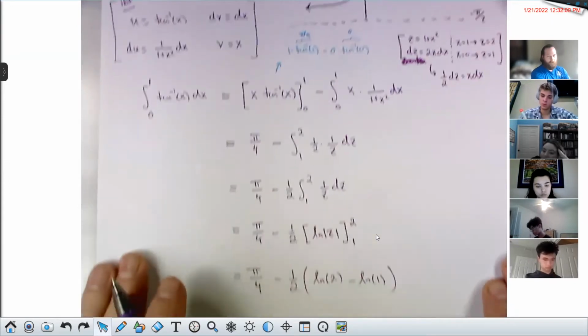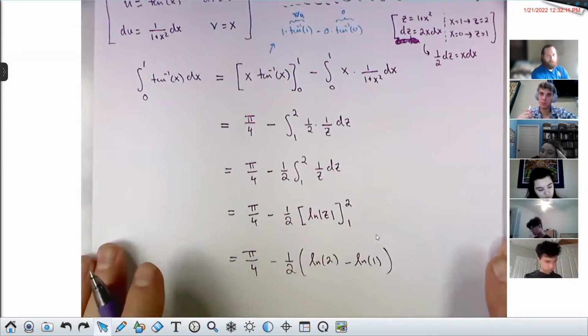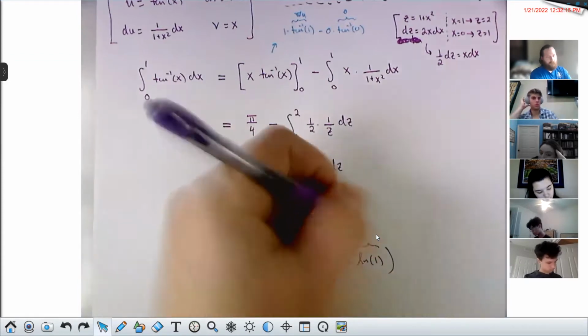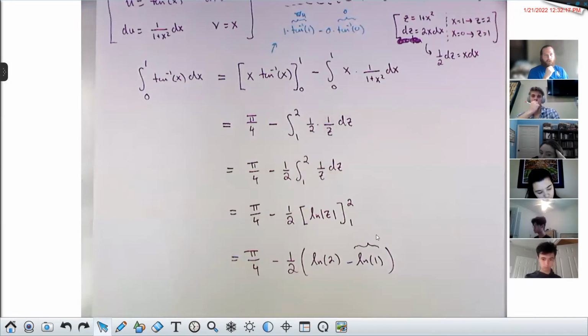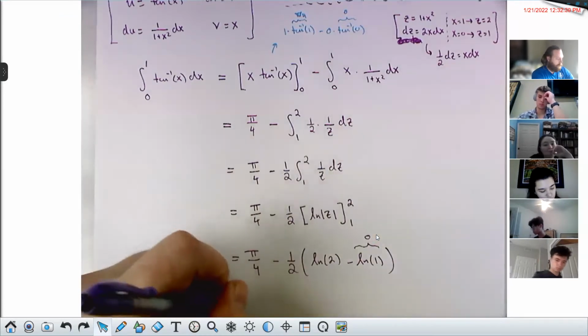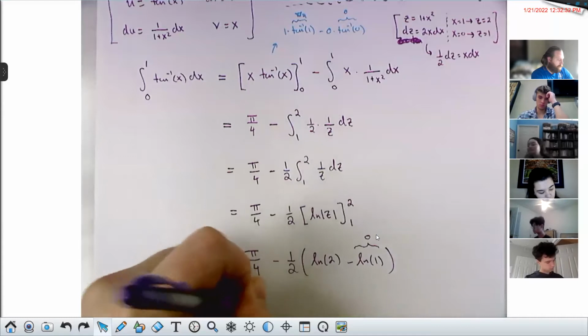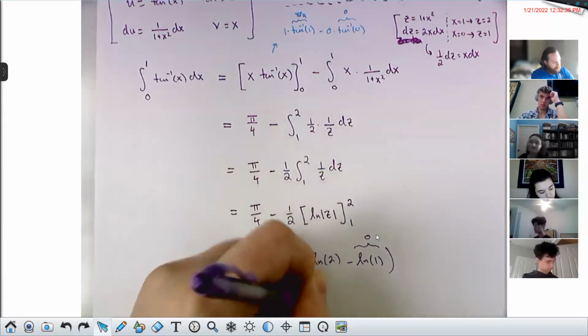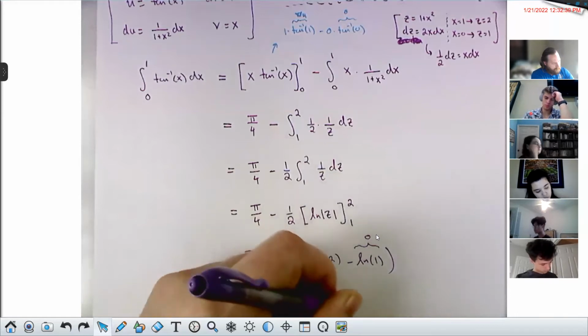And there's one final thing to do here, and that is to tell me what this is. What is the natural log of 1? Very good, it's 0. So the integral from 0 to 1 of the inverse tangent of x is pi over 4 minus 1/2 times the natural log of 2.